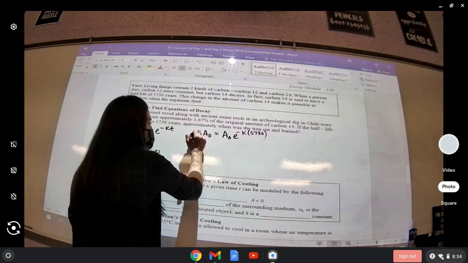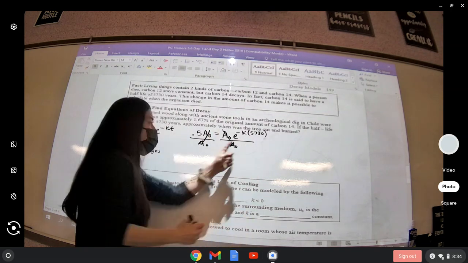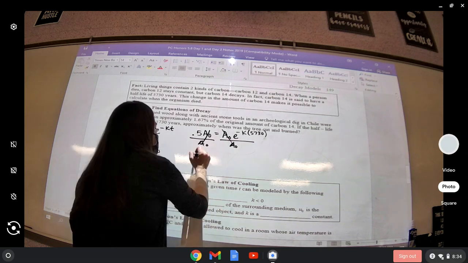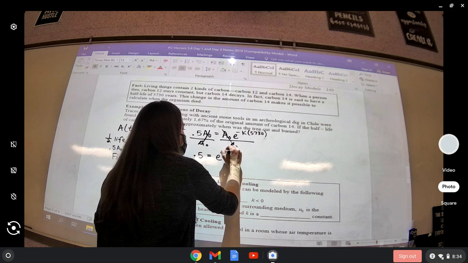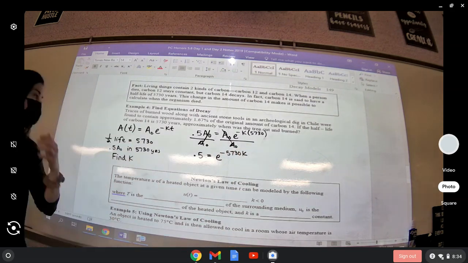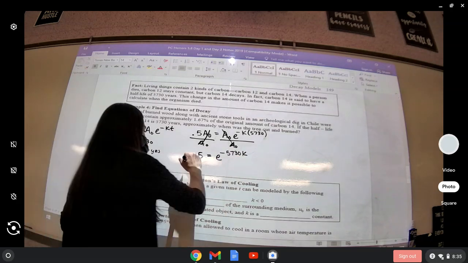All right, so first I'm going to divide out my A sub 0s, because if I'm going to try to solve for k, I want to get the base of this exponential by itself. So now I have 0.5 equals e to the negative 5,730k. Let's natural log both sides so we can start getting to that exponent.